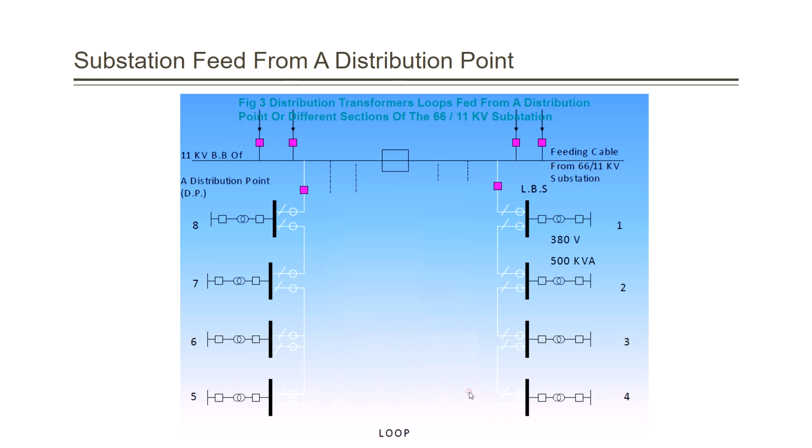Now if we look at this diagram also, you will find here we have these cables providing power to the 11 kilovolt. Then from the bus bar we take the 11 and provide it to a bus bar. Okay, this bus bar supplies a transformer, 11 to 380 volt.